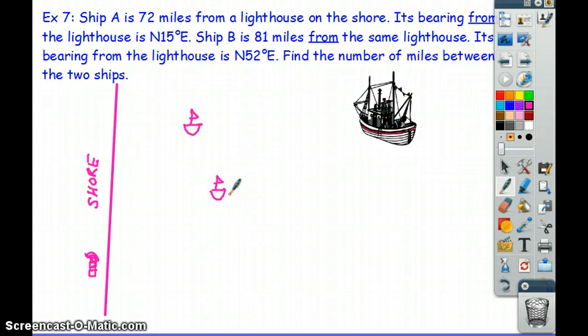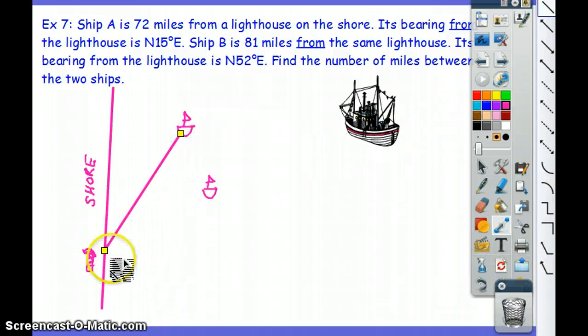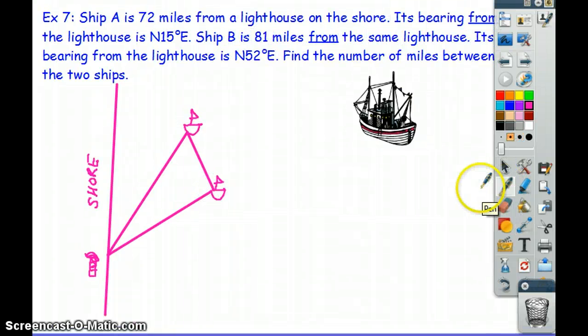Let's put them there. So the lighthouse to one ship and then the lighthouse to the other ship, and then ultimately we want to find this distance between the two. My picture might not end up being perfectly scaled when I'm done with this, but let's see what happens.